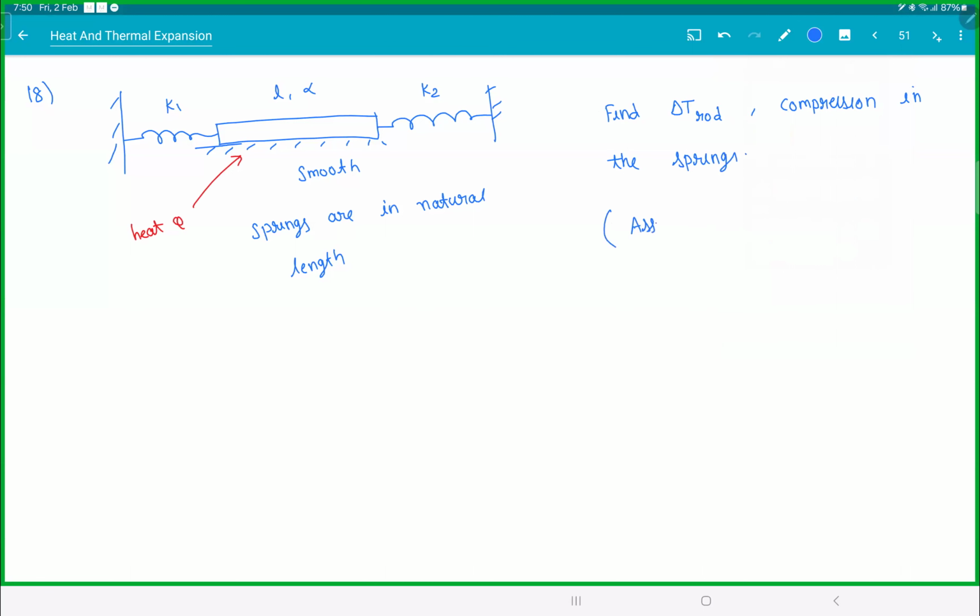Now in this process, the rod also will have some energy stored. We will ignore that. For that, we need something called Young's modulus and all. We'll not get into it right now. Assume no energy stored in the rod due to tension.